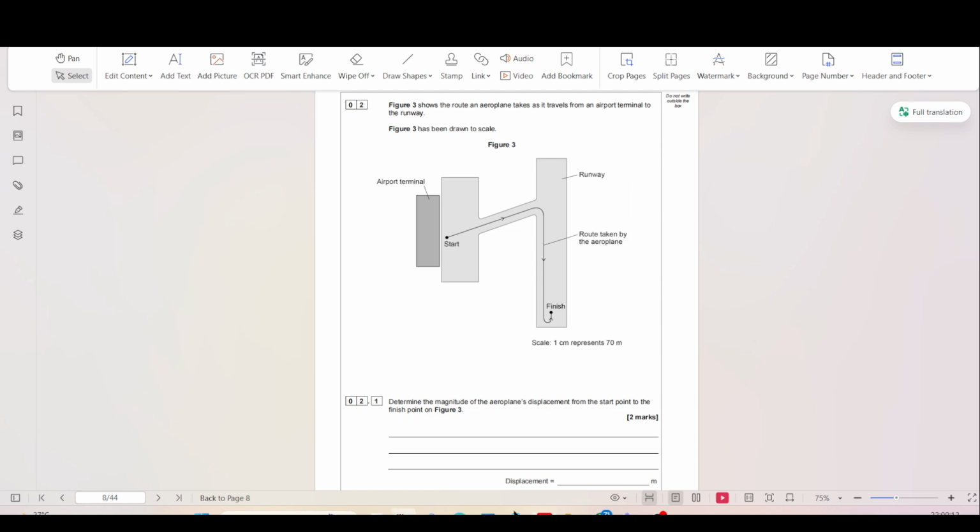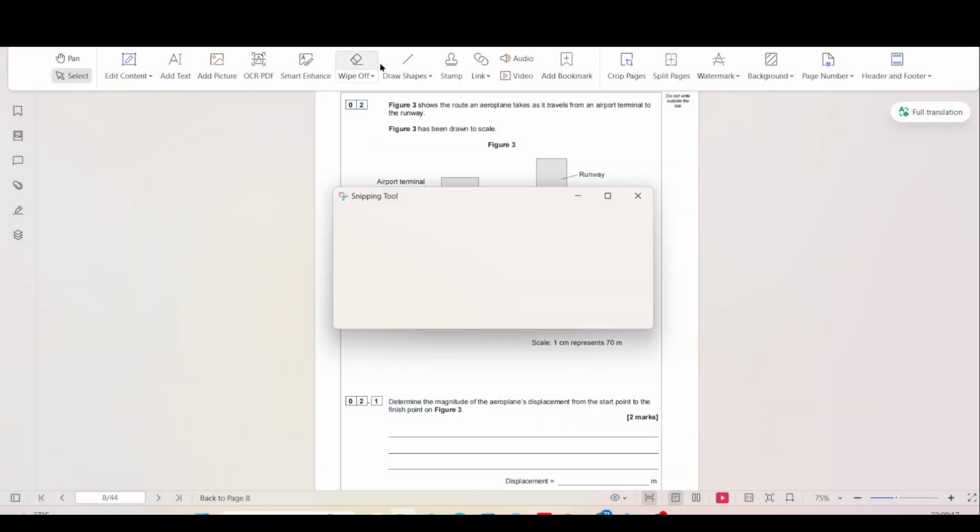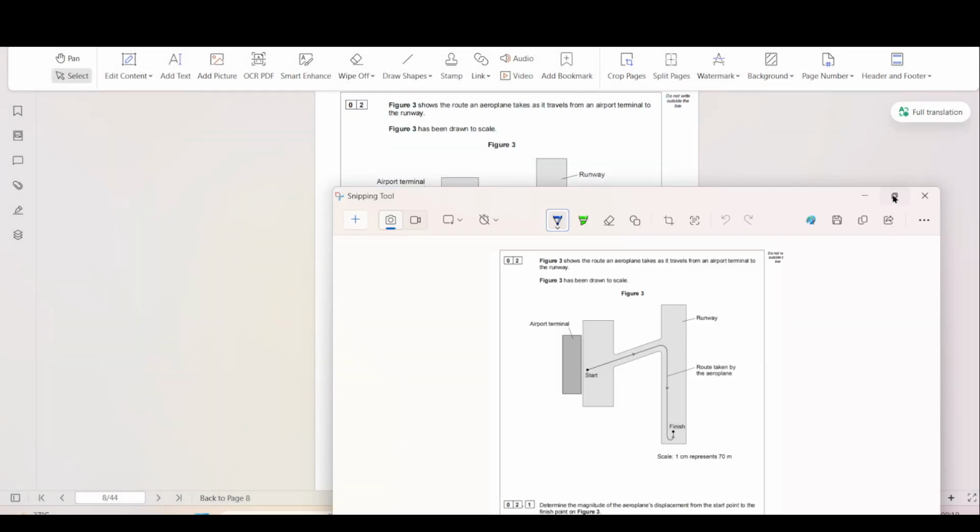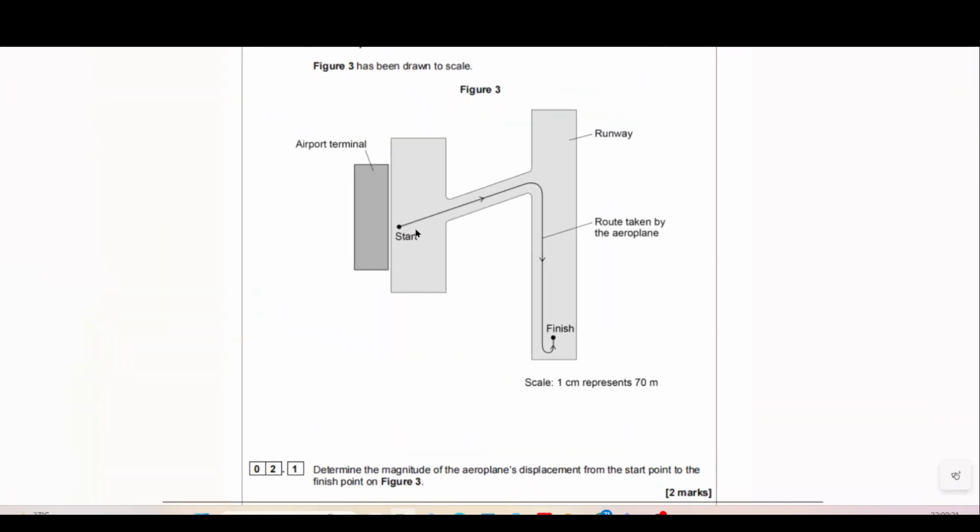Displacement means shortest distance. This is the start point and this is the finish point. Displacement is the shortest distance, so we need to find this distance. What is given is 1 centimeter represents 70 meters. Do we have any other length here?